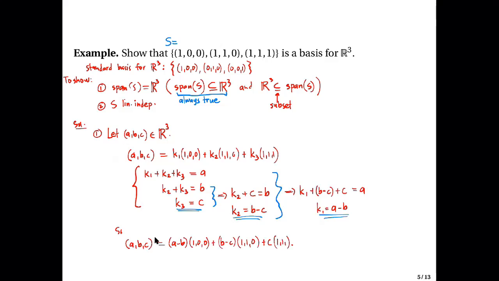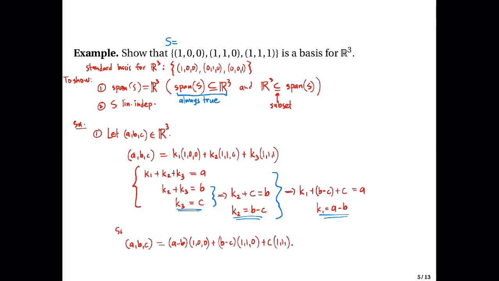Okay? So meaning, if you get any vector in R3, use this formula, then you have a linear combination using the vectors (1, 0, 0), (1, 1, 0), and (1, 1, 1).